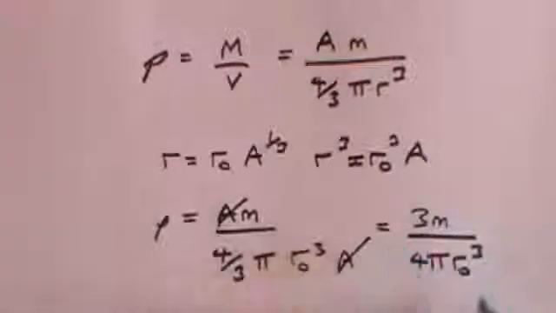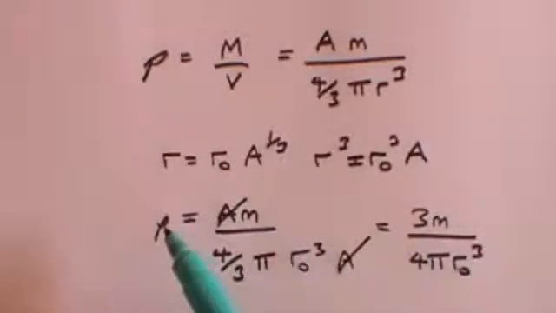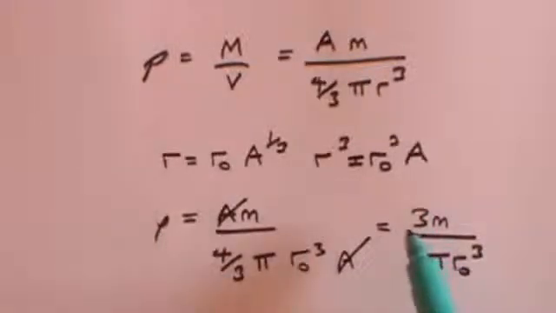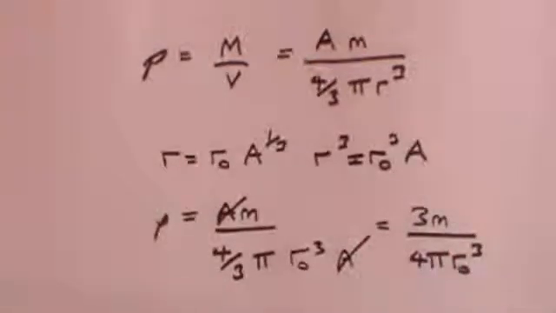And you'll see that all of that is a constant. We've got m, which is the value of the atomic mass unit, and we've got R0, which itself is a constant. So that tells us that the density of the nucleus is independent of the number of protons or neutrons. The nuclear density is the same for all atoms or all nuclei.